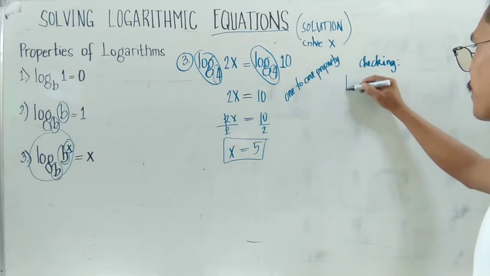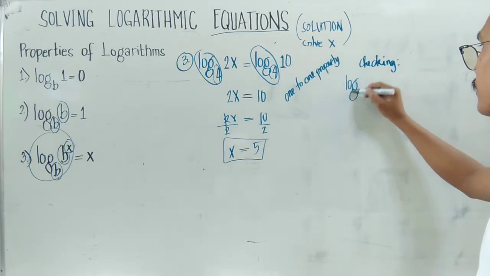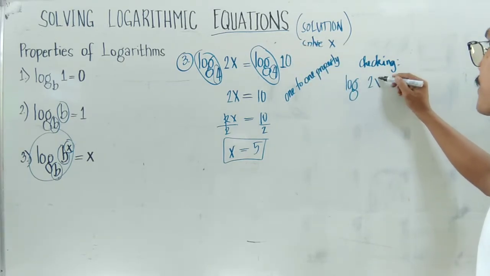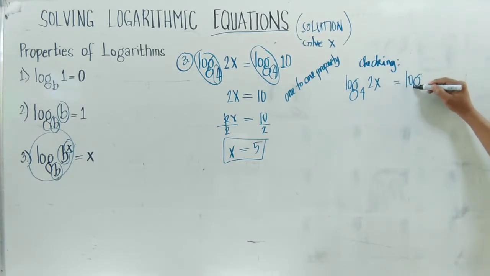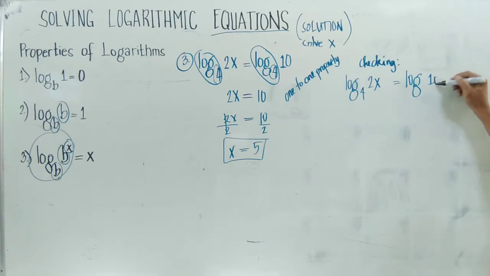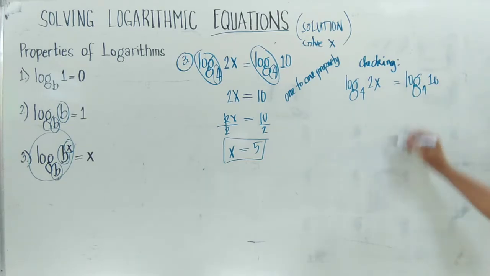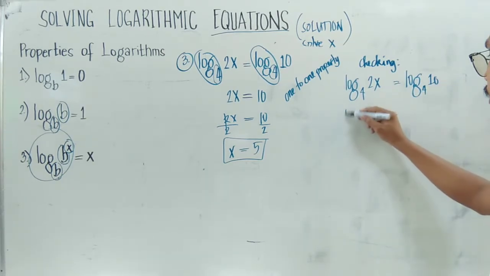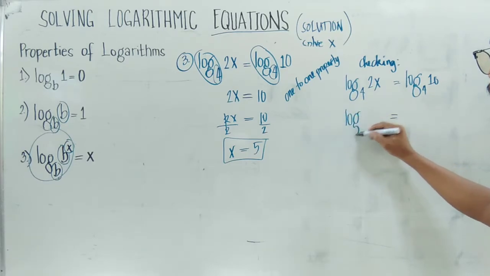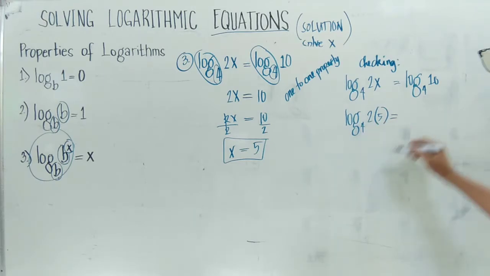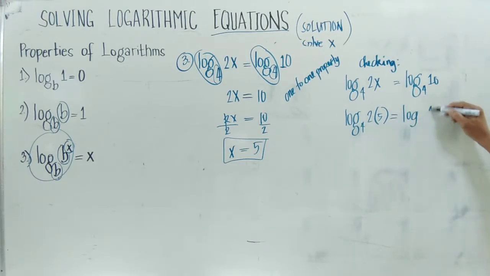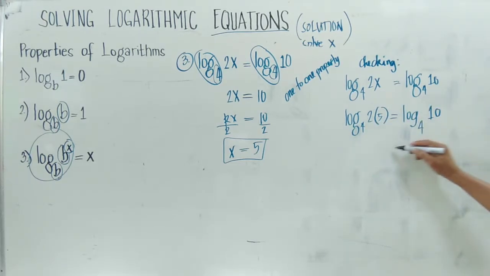Using the original equation, we have log of 2x base 4 equals log of 10 base 4. Substituting, we have log of 2 times 5 base 4 equals log of 10 base 4.